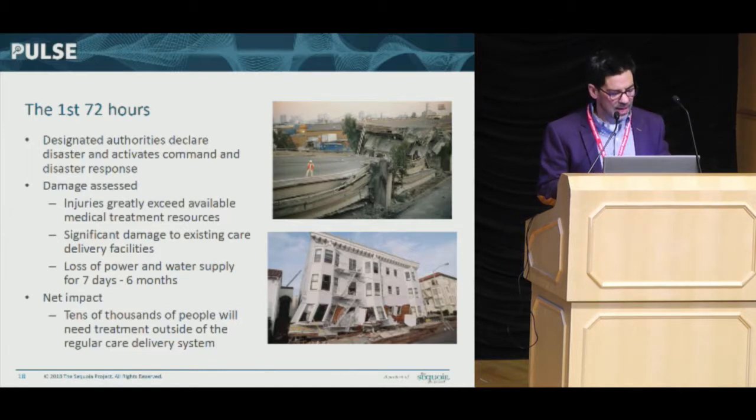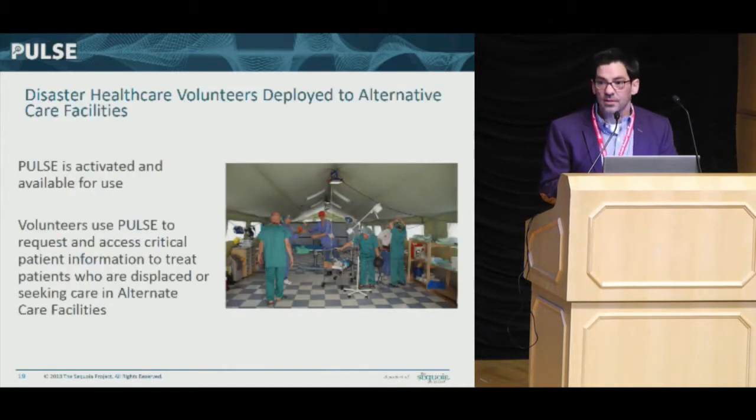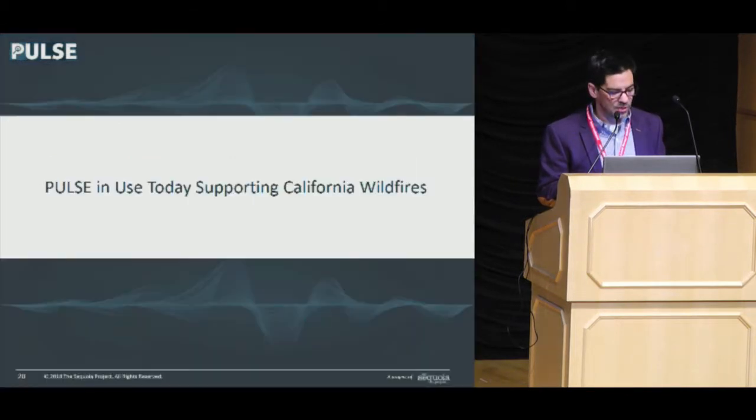They look at the impact, and the volunteer clinicians show up. They log into the Pulse system. It confirms that they are credentialed to do their work, and be they in a tent or a church or a school or somewhere else, they're able to begin pulling patient histories so they can safely treat patients.